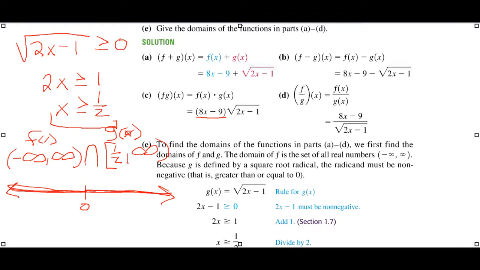We now look for the part that it overlaps. And this is going to start here, at 1/2, and goes like so. So the domain of all of these basically will be this right here.